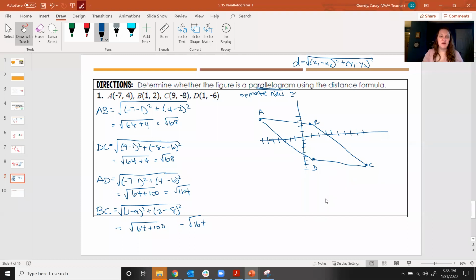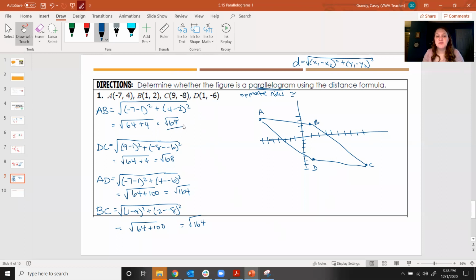Okay, so you can check your answers with what I have here. Now, I was a little naughty, and I didn't simplify my radicals, but that's okay because it didn't ask me what the distance was. I'm just trying to prove that they're congruent. So I know that the square root of 68 is congruent to the square root of 68. Whether it can be reduced or not doesn't make it any less congruent.